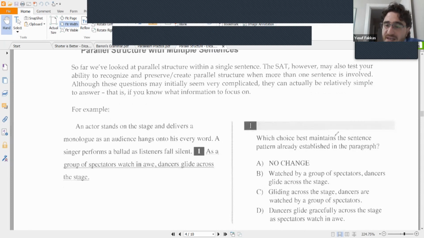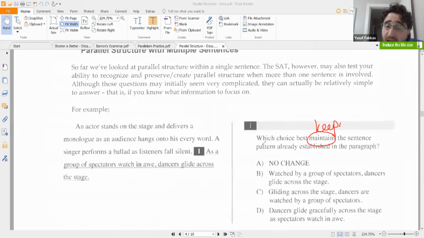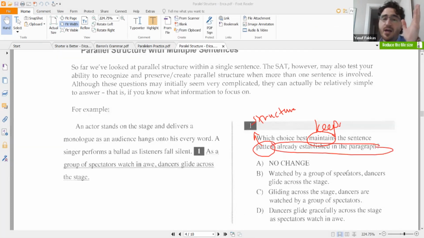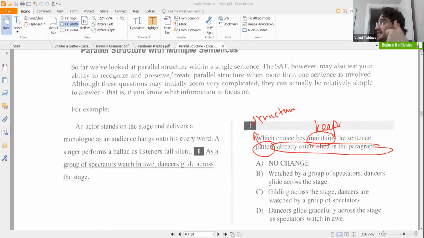They will say, which choice best maintains, which means keeps, the sentence pattern, which means structure, already established in the paragraph. So what they are telling you basically is, we have 2 or 3 sentences, and we want them all to have the same structure. So you look at the first one and the second one, and you should make the third one the same as the first and the second.